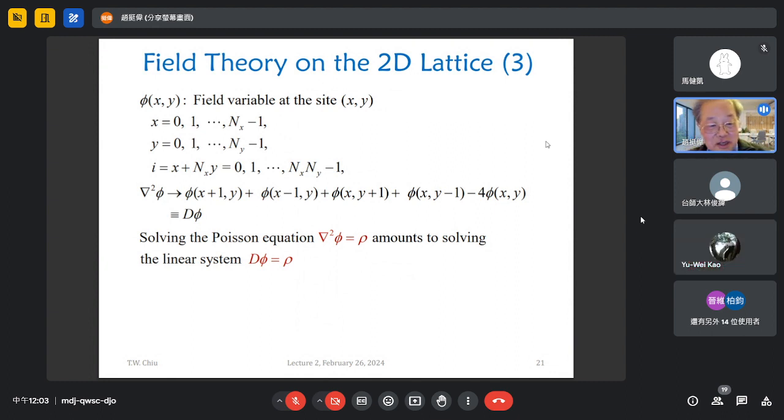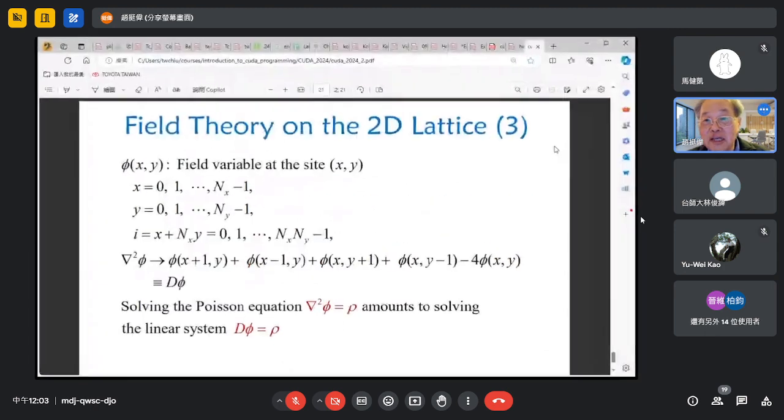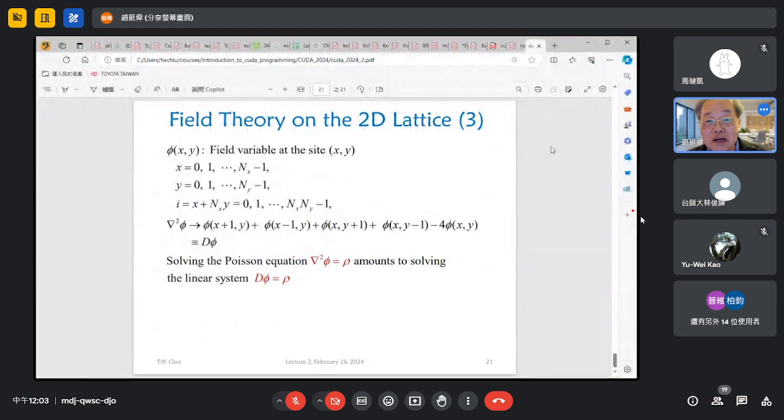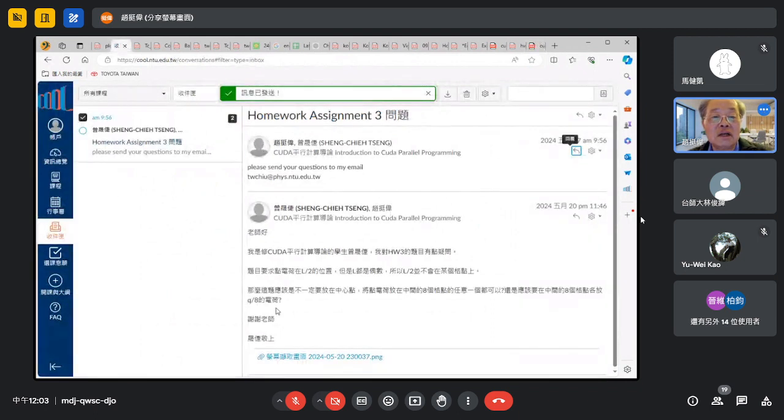Some of you sent me an email with some questions. One of you sent a question to the NTU Cool mailbox, which I do not often see. If you have any questions, you should send them to TLCHRU at phys.ntu.